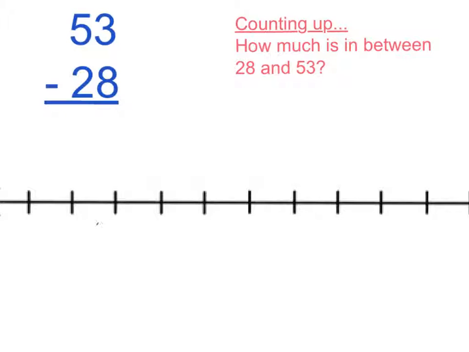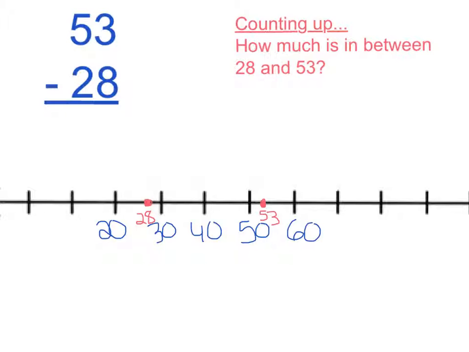I'm going to start with 20, and then count up to 30, 40, 50, and 60. And I'm going to plot the points 28 and 53 on my number line. 28 would be just about right here, and then 53 would be just after 50 right here. And we're going to count how many times we would have to jump from 28 to 53.